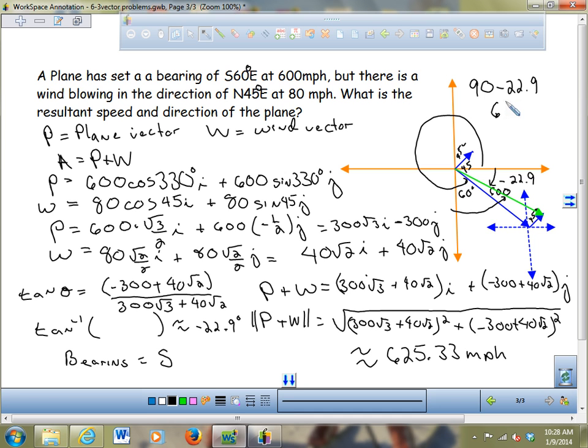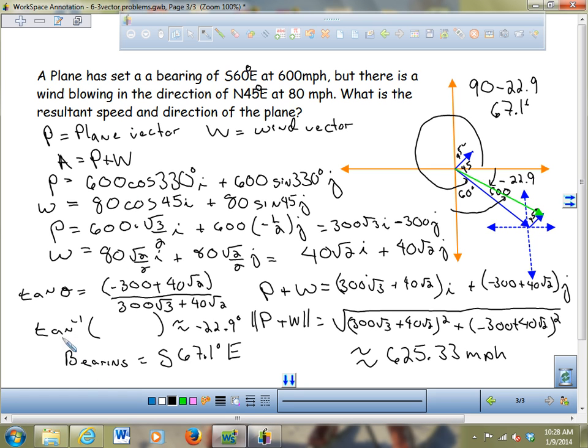Is that correct? Yes, 67.1 degrees. So it'd be south 67.1 degrees east. And now you found the magnitude and direction.